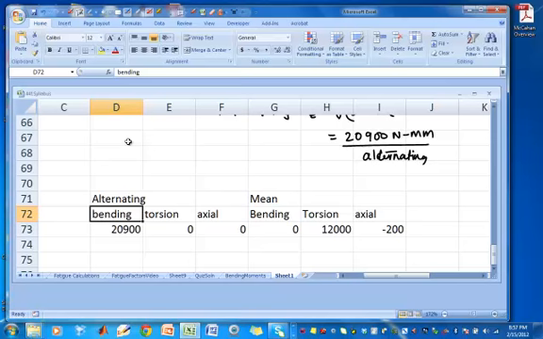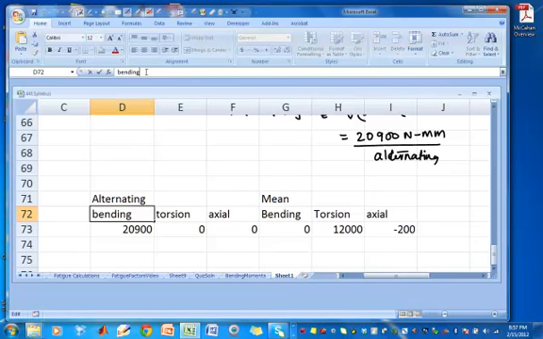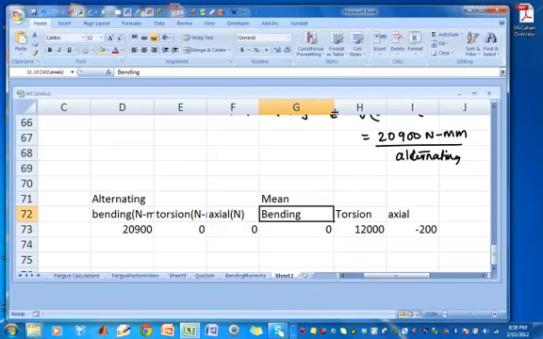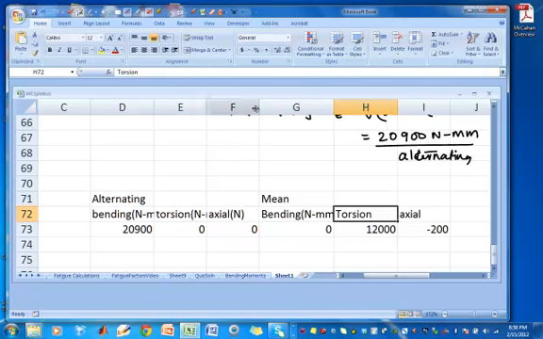So by the way, let us make sure, because I never want to write, this is Newton millimeters, this is Newton millimeters, this is newtons, again Newton millimeters, Newton millimeters, Newton.